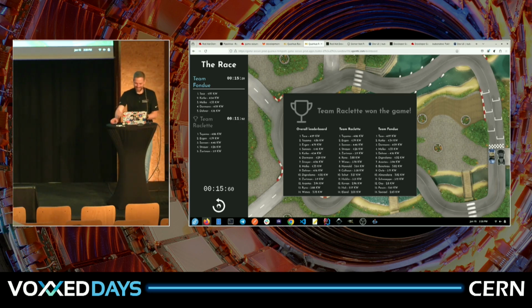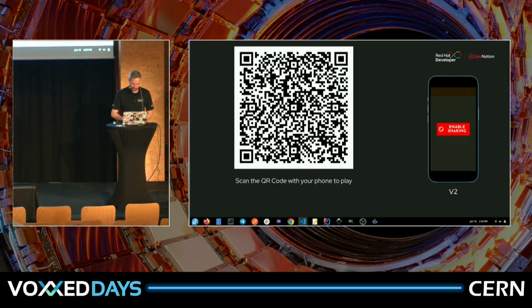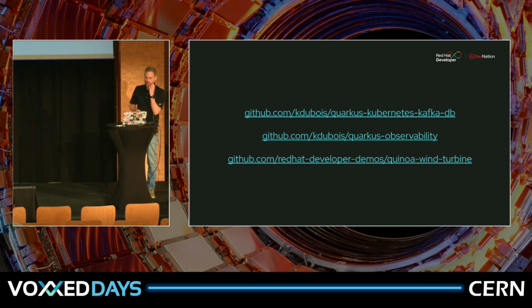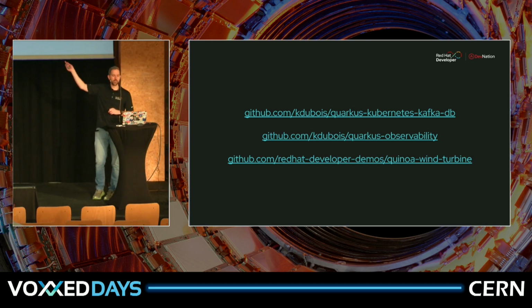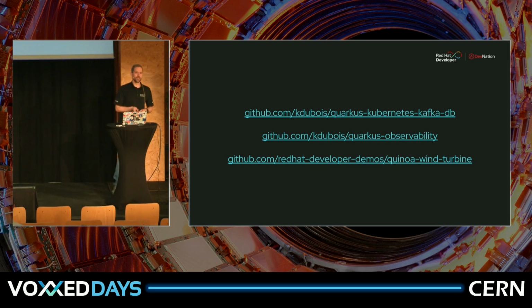All right. Just to wrap it up real quick, if you want to look at the examples a little bit more, the Quarkus Kubernetes Kafka DB is a repository that has the example of our MVP that has also the observability built in. So feel free to play around with it, and then let me know if anything doesn't make sense.